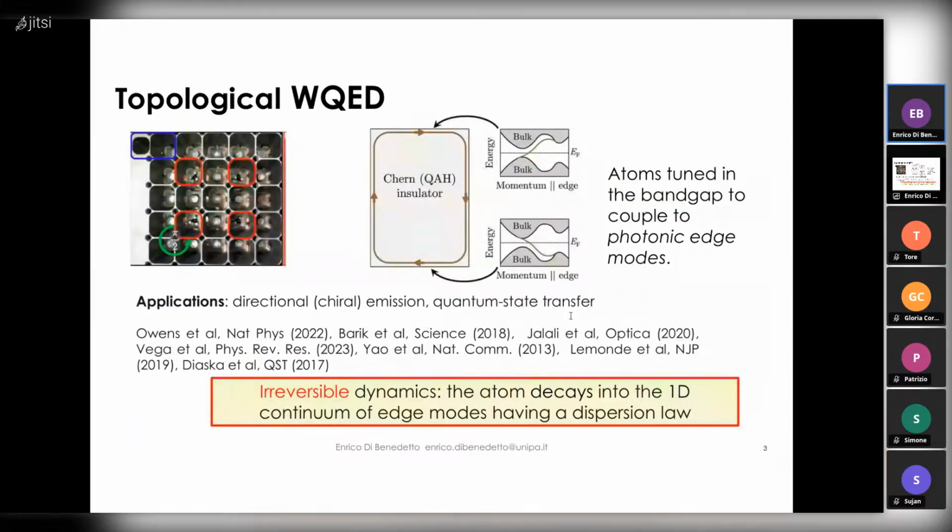So people in this community have been interested recently in what happens when you couple an emitter to the edge of a two-dimensional topological lattice.